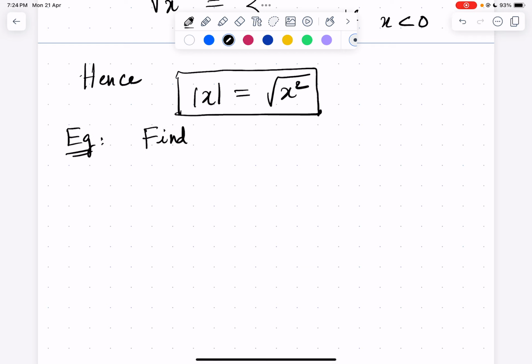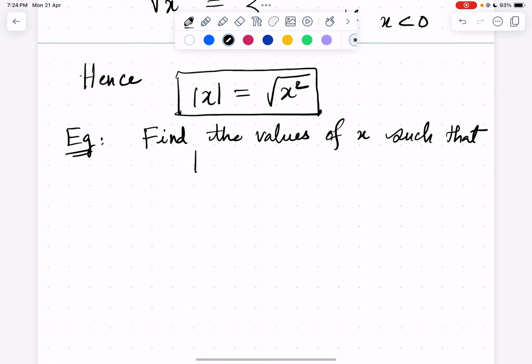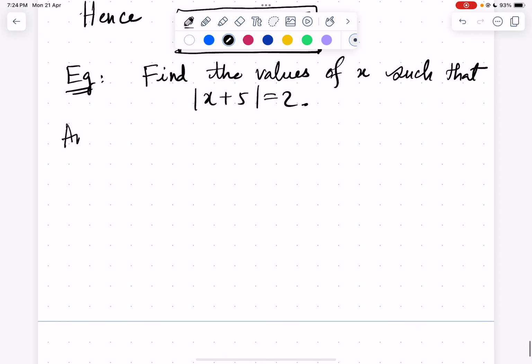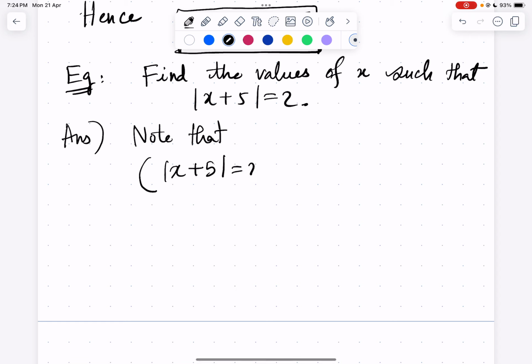So simple example: find the values of x such that mod x plus 5 is 2. Note that whenever you have mod of something, it's defined using casework, so it's natural to consider casework.